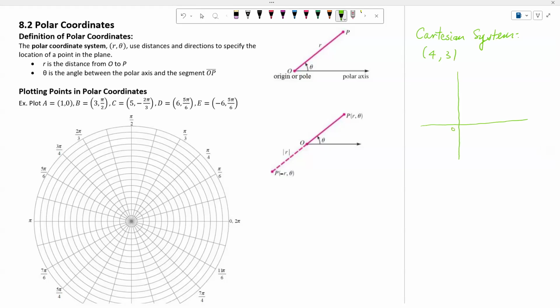In this case, we have the x-axis and the y-axis. When we have (4, 3), basically it's telling me that x is equal to 4, that means x equal to 4 is a vertical line that we have.